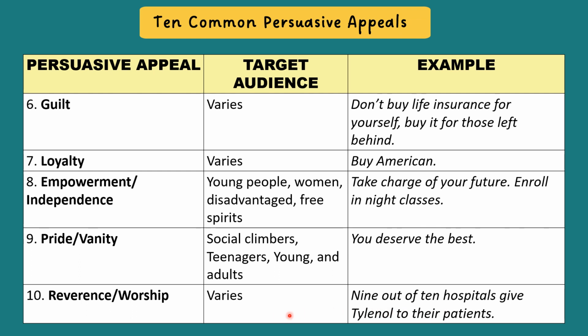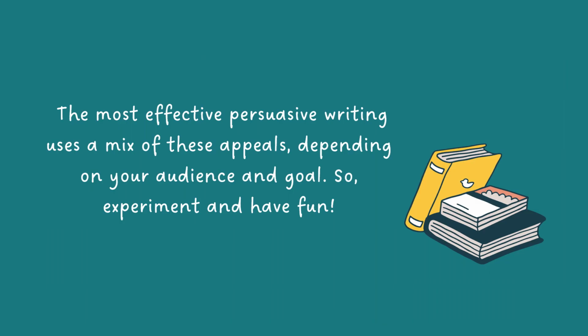So, reverence or worship means more people use this product, and the more people use it, the more they prefer it. So, 9 out of 10 hospitals give Tylenol to their patients. So, those are the 10 common persuasive appeals.